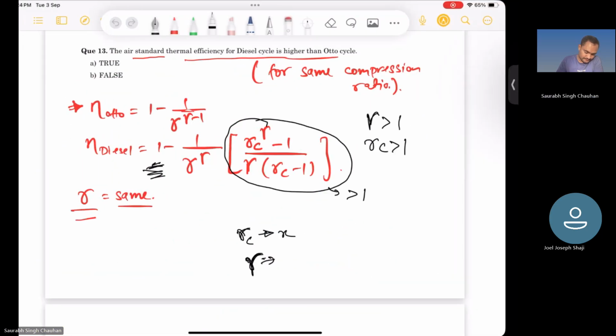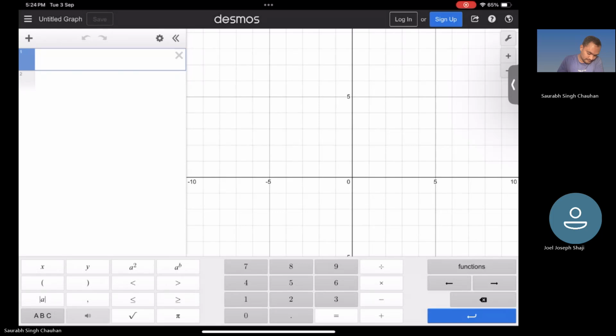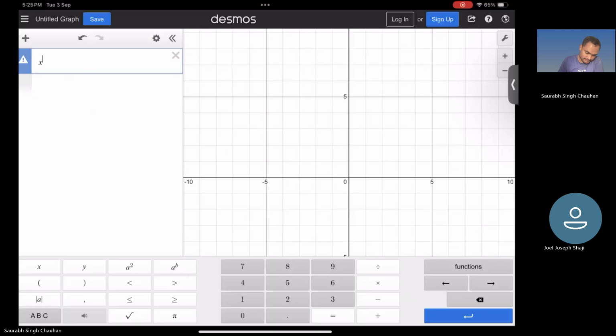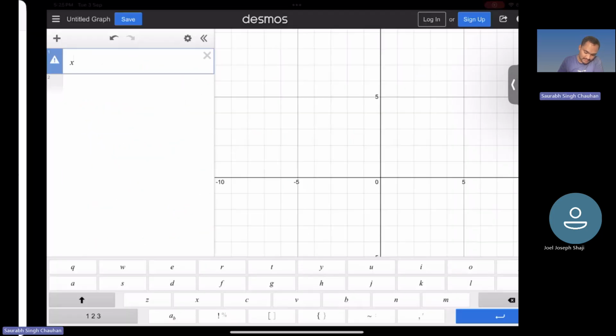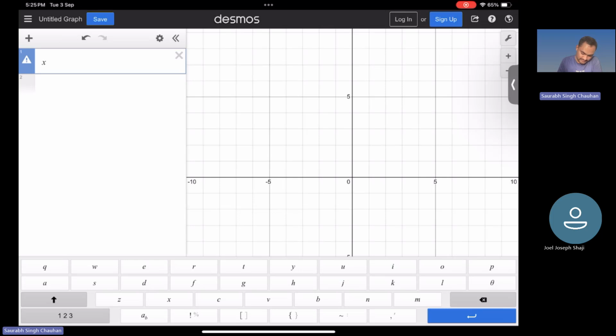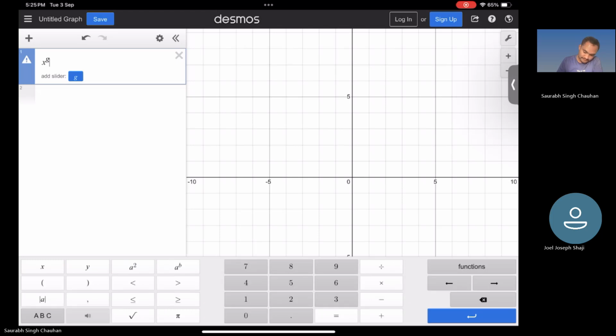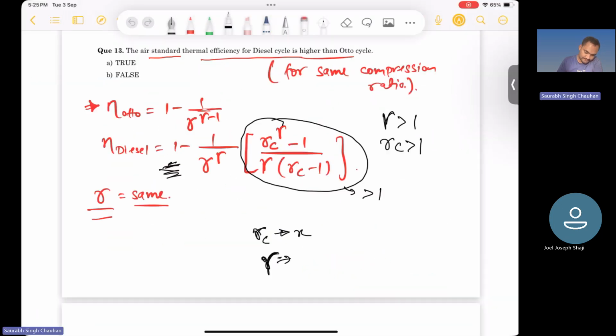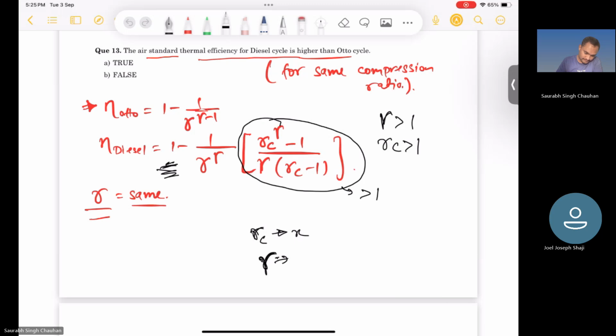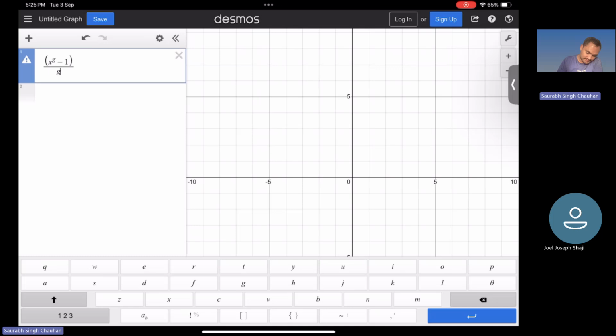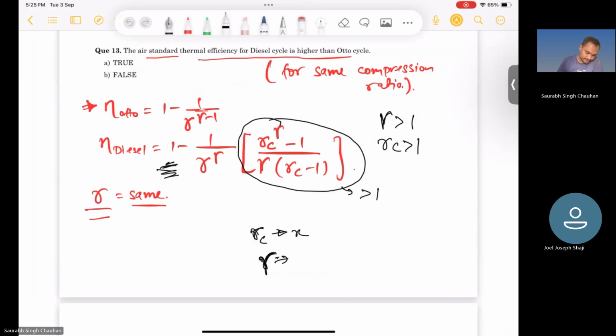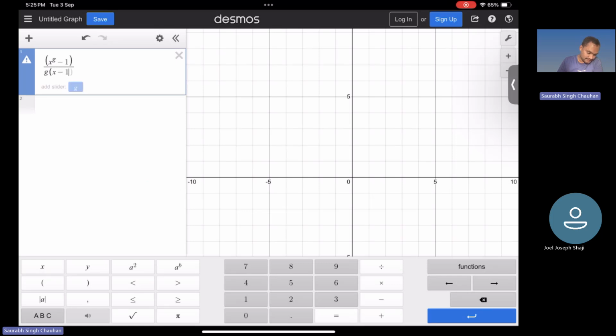So we plot X to the power G minus 1, divided by G into (X minus 1).